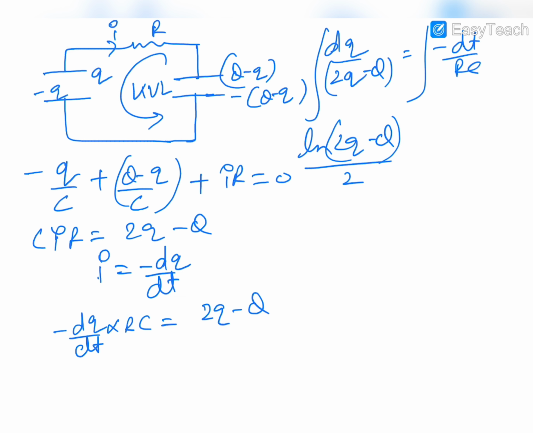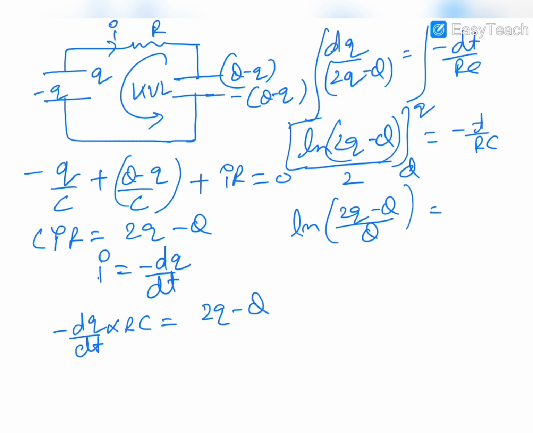Now the limit of this will be from, initially small q was capital Q, and at any time t is small q, so it would be ln of 2q minus Q divided by Q. This will be minus 2t by RC.